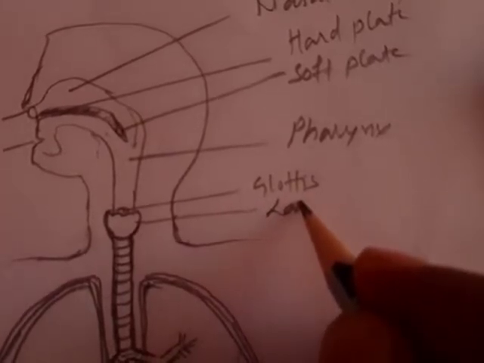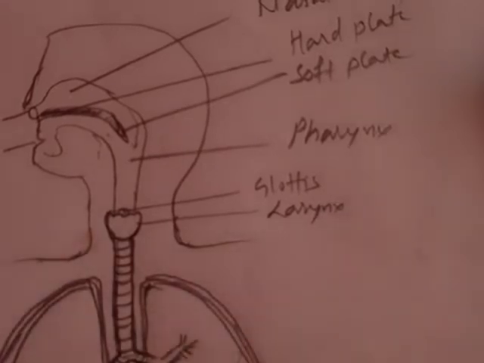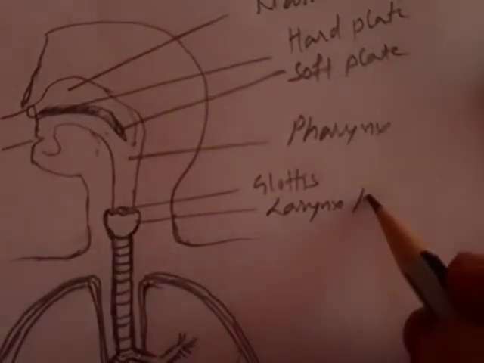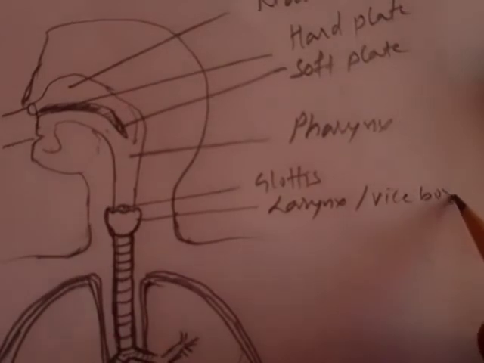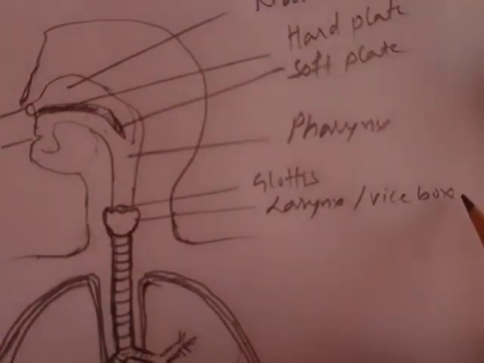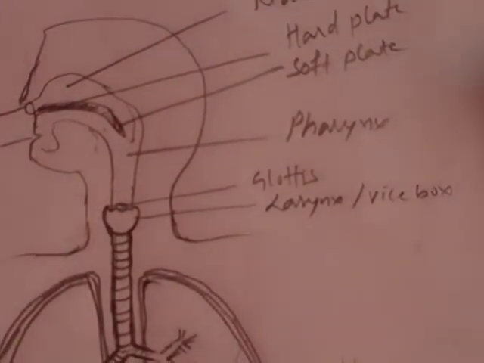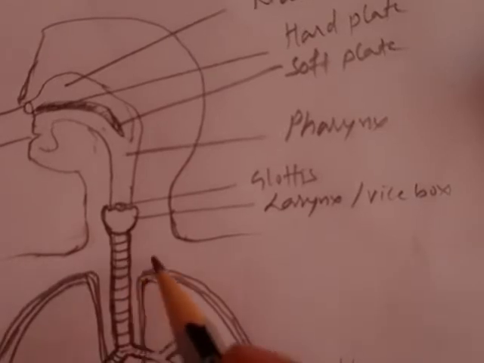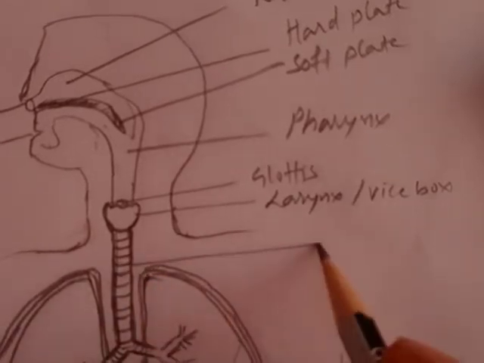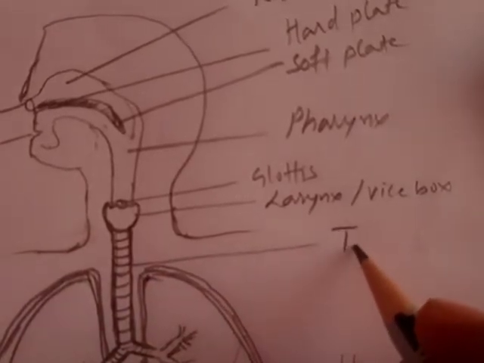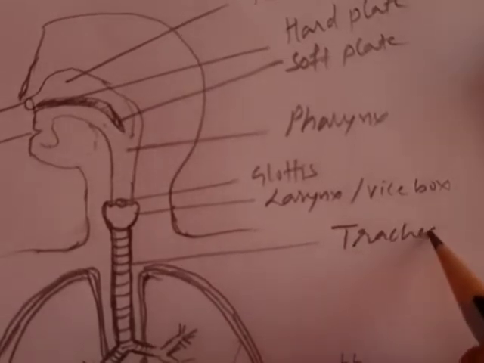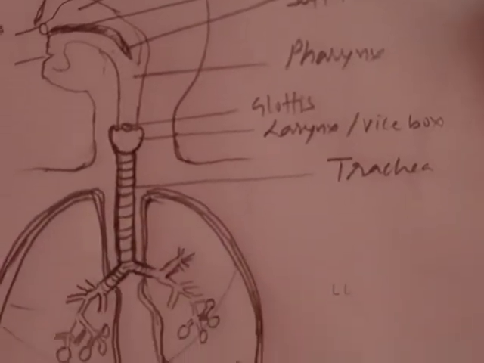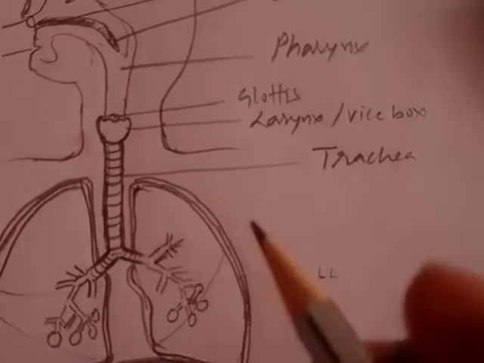We can also call it the voice box, which produces the voice, right? Next there is the trachea. You can label the remaining parts.